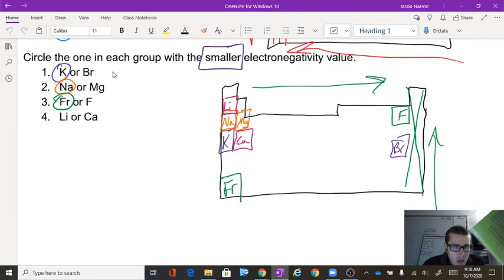Lithium and fluorine are in the same period, and I know it's hard to tell from my terrible drawing, but you can see lithium is right here, fluorine's right there. They're in the same period as one another, and so technically I would argue lithium is going to be closer to fluorine, making it have a higher electronegativity. So if lithium has a higher electronegativity, calcium is going to have the lower, or the smaller, electronegativity.